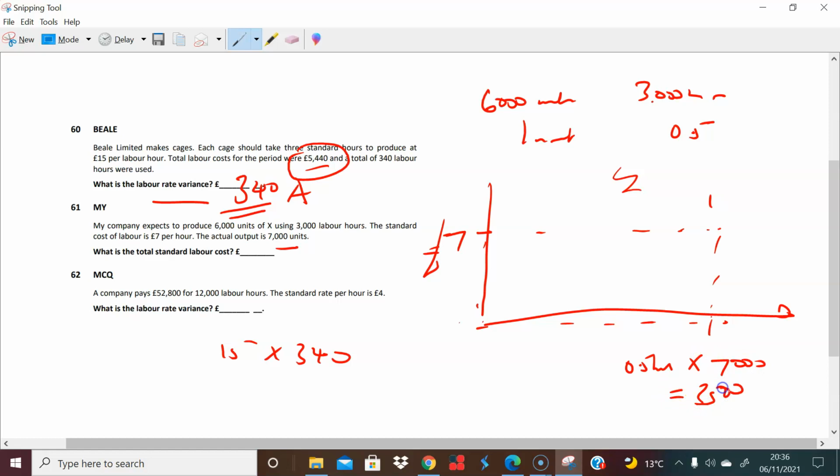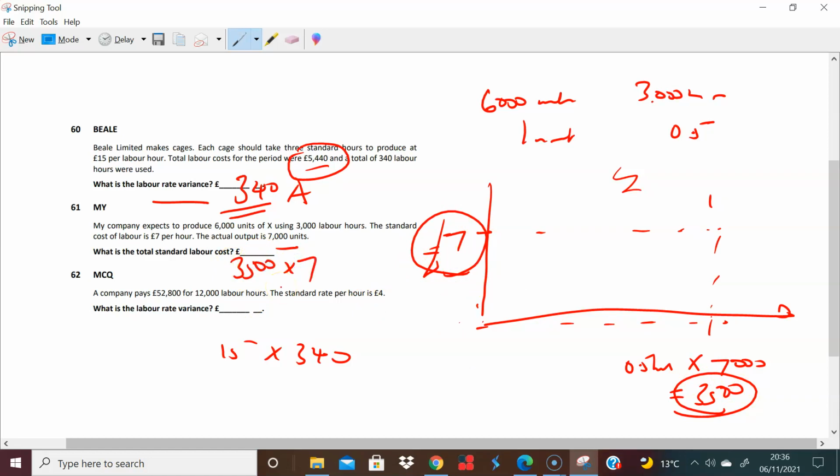So I'm expecting to use 3,500 hours, and 3,500 hours at £7 an hour. Standard labor cost is 3,500 times 7, and that's 24,500. So I have a cost here of 24,500, and that's that bit.